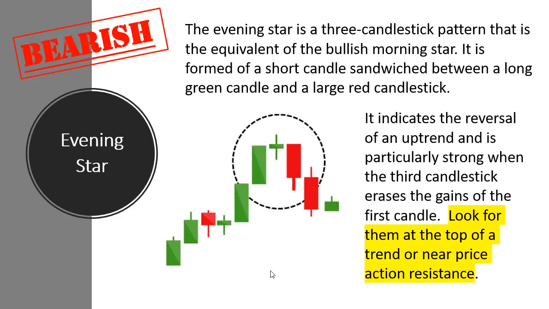The evening star pattern is just the opposite of that. Once again, this little doji here in the middle, squashed between an up move and a down move. We want that selling move on this one to take out at least 50% of that up move candle for that reversal to occur. This candle can be either green or red.